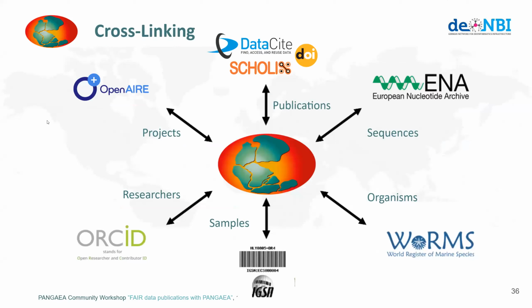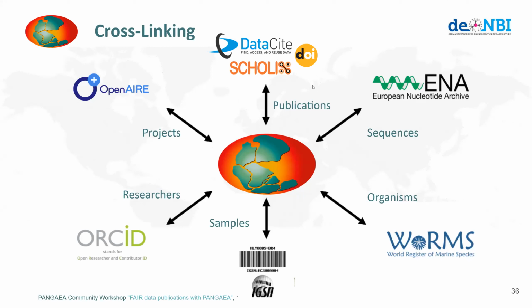I would like to point out that we have lots of cross-linking at PANGAEA. That means we link the metadata and data to different services. For example, we have organism names, which are standardized and linked to the World Register of Marine Species, or we can add ORCID IDs, a unique identifier for each researcher.